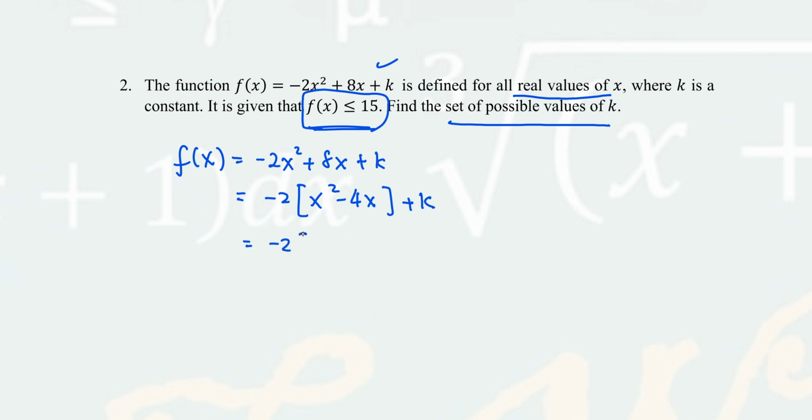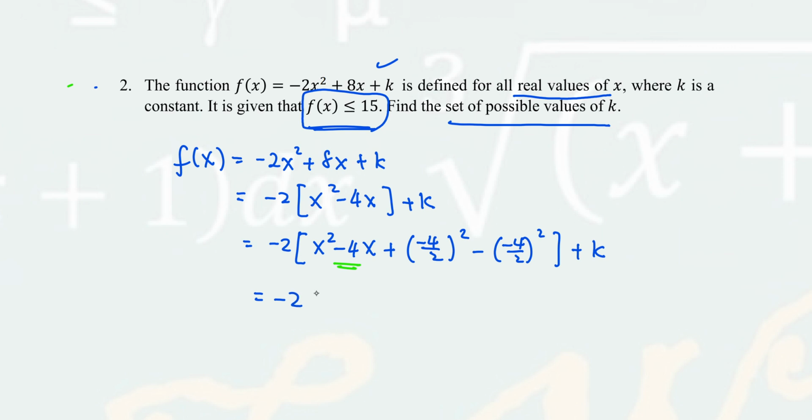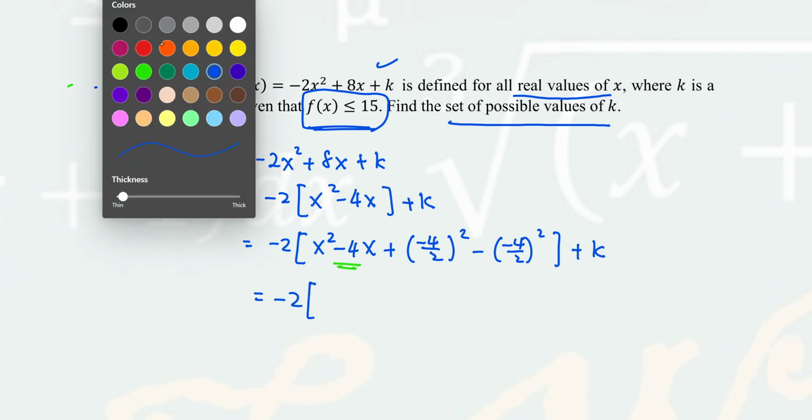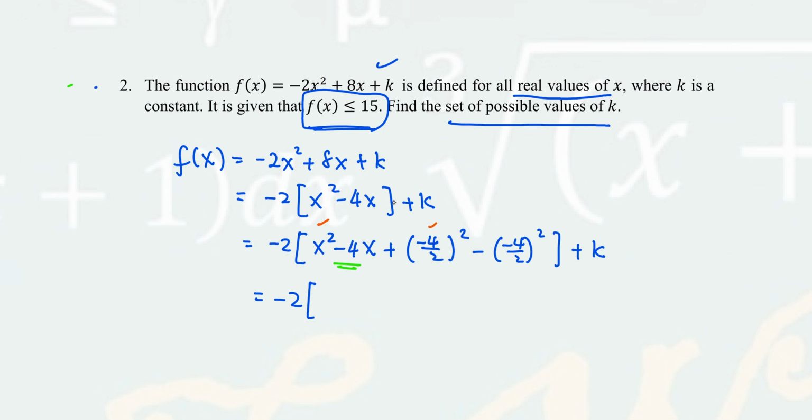So then -2 bracket, rewrite first two terms, and always plus bracket square minus bracket squared, followed by plus k. So the term inside the bracket is half of the coefficient of x. That means that is minus 4 over 2. So here minus 4 over 2. That means now here I will be getting minus 2 bracket. Okay, you rewrite your first and third term.